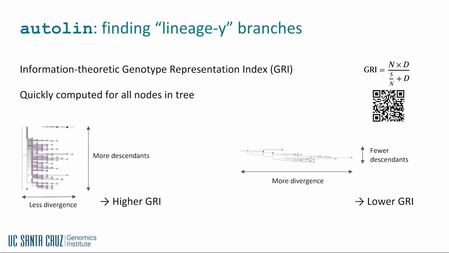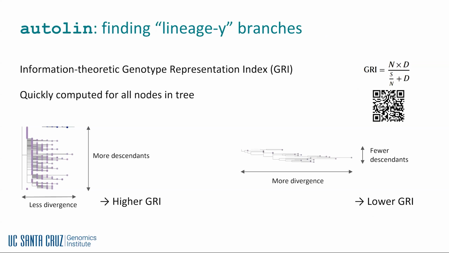So first, how do we find lineage-looking branches? For this, Jacob went all the way back to information theory and framed the problem as one of communicating about genotypes using lineage symbols as a system.